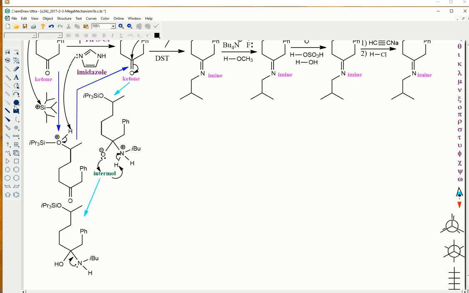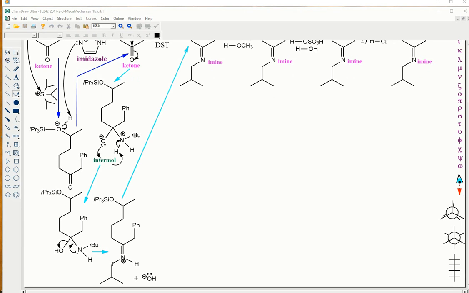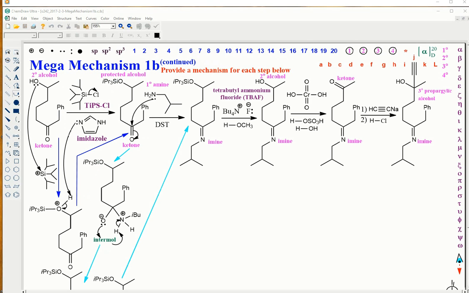It is pushy enough to kick off even a lousy leaving group such as hydroxide, as illustrated here. The iminium ion, thus generated, is neutralized by the hydroxide ion in an acid-base reaction, thus giving the imine illustrated above.